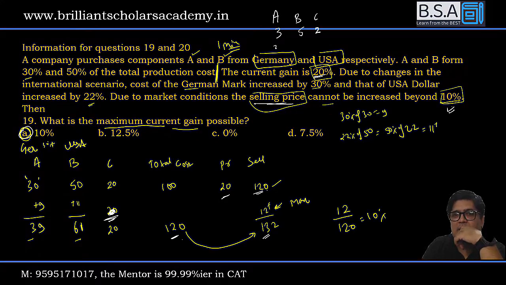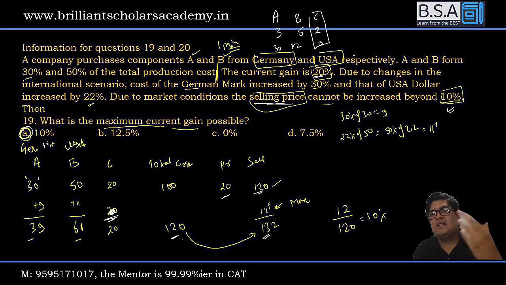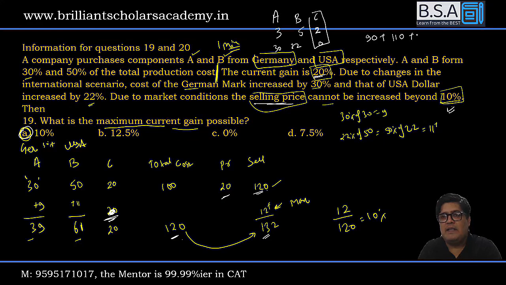This increases by 30, this increases by 22, this does not increase. आपको C को लाना पड़ेगा in the picture. So what is the average increase? 3 into 30, 90, 5 into 22, 110, plus 0, upon 10. That is 200 upon 10. That is 20% increase in the cost price. Cost price increases by 20%.